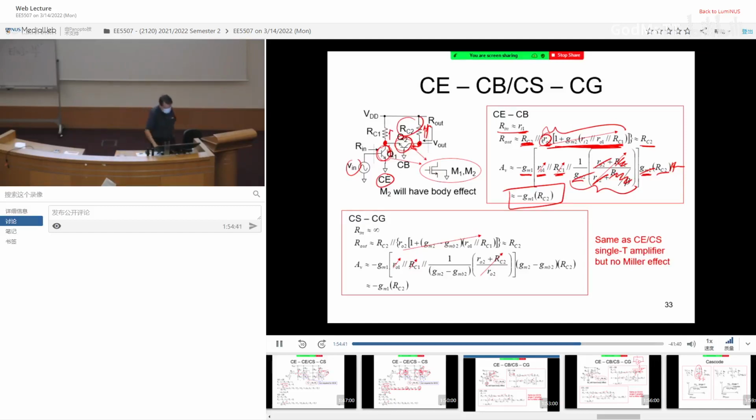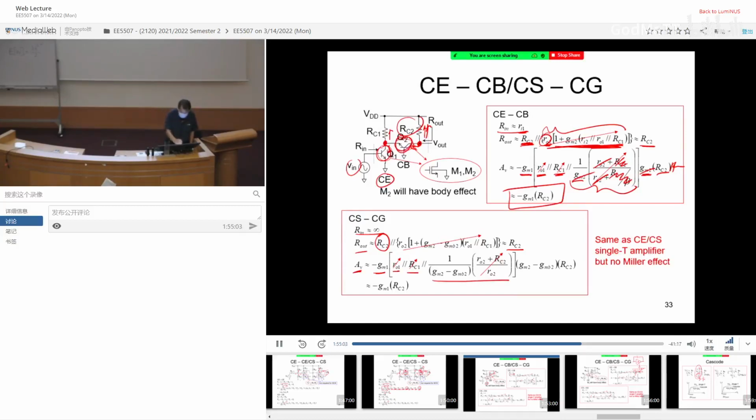If we go through common source, common gate, it's the same thing. Input resistance, infinite. Output resistance, looking into here, is dominated by RC2. For the voltage gain, you have the GM cell, multiplied by all the resistors here, so RO1, RC1, and then this one, looking into the source terminal.